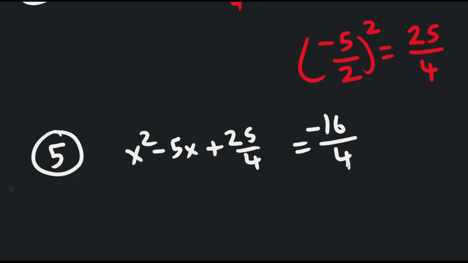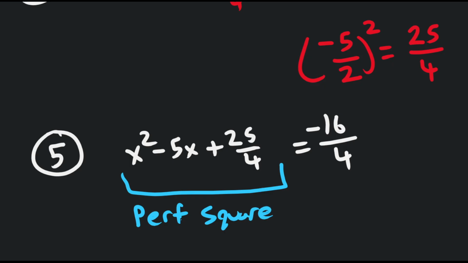So what we have done by adding b/2 squared to both sides, what that does is that guarantees that this trinomial right here is now a perfect square trinomial. And that's partly why it's called completing the square, because we have created a perfect square trinomial right here.